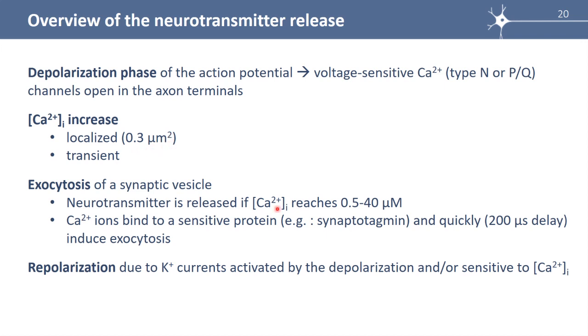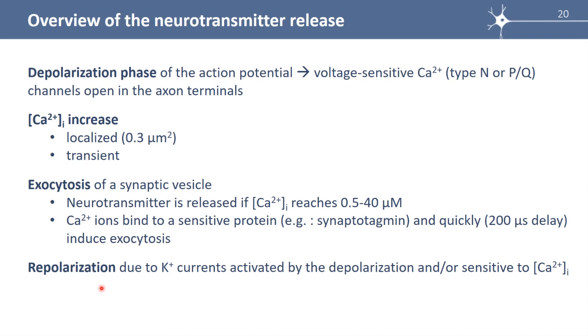And this is transient because calcium channels inactivate and the membrane quickly repolarizes. When the intracellular calcium in the presynaptic terminal increases to around 0.5 to 40 micromolar, this triggers exocytosis because calcium binds to a sensitive protein, and very quickly, in 200 microseconds, induces exocytosis.